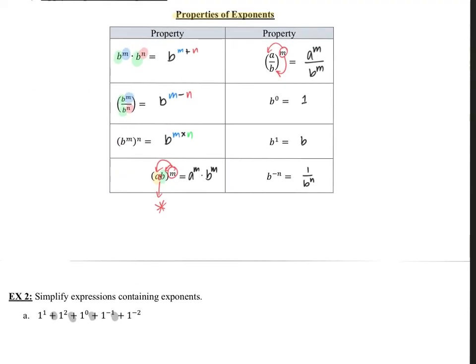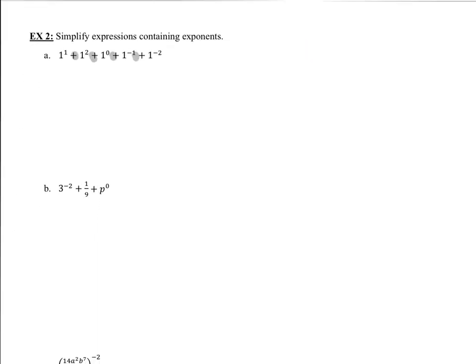The reason here is because of that addition going on. That little adding rule that we had up here only worked when there was multiplication. So we can't just add up their exponents because there's addition in between them. Shucks. But what we can do is just simplify with the exponents.